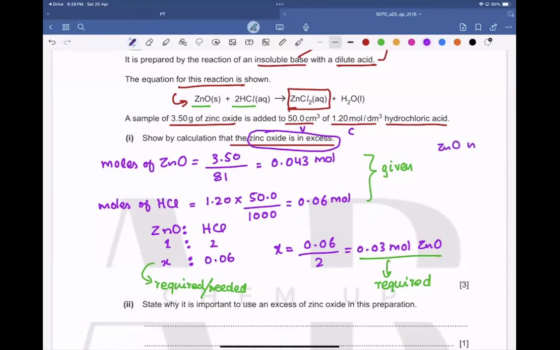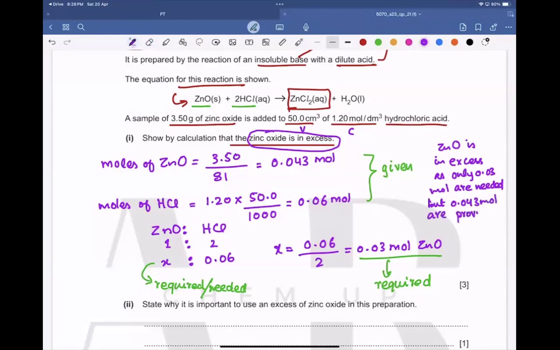So zinc oxide is in excess, as only 0.03 mole is needed, but 0.043 moles are provided. Is this clear to all of you? If anyone has any confusion or question, please ask.